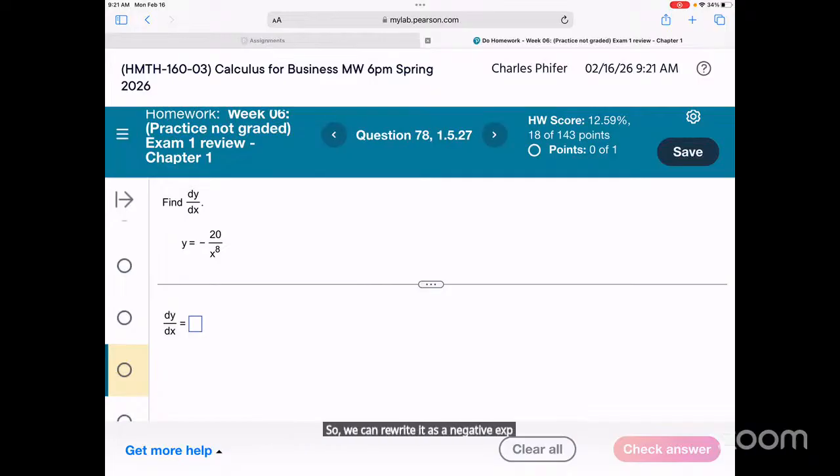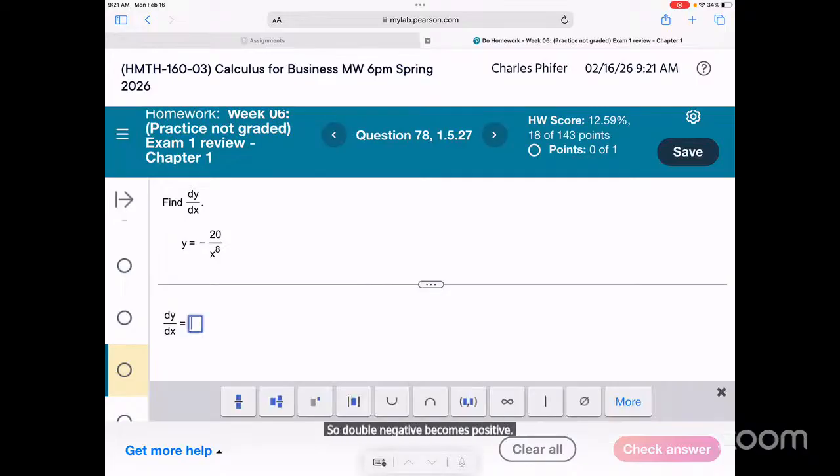The negative exponent comes down. So double negative becomes positive. 8 times 2 is 160. And then it's going to be x times x to the minus negative 9.